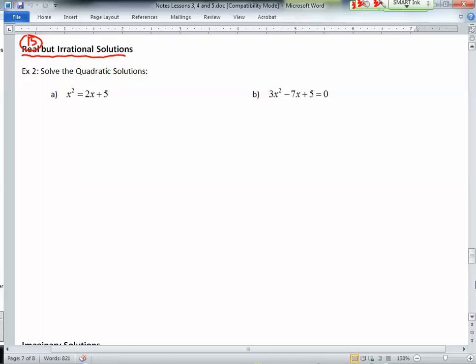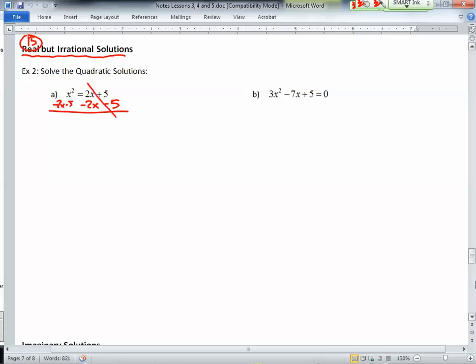My first step is I need to put it into standard form. To do that, I can either move everything over to this side or vice versa. I'm going to move everything over to this side so I maintain a positive x squared value. So I need to subtract 2x and subtract 5 from this side, and I'm going to do the same thing over here: negative 2x and minus 5.